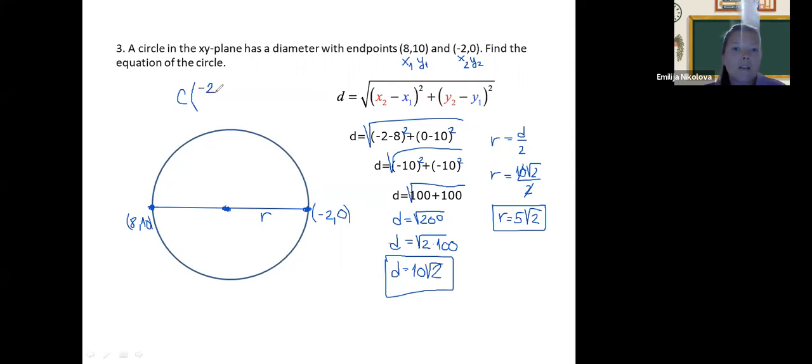So minus 2 minus 8 divided by 2. And how will the second one be?